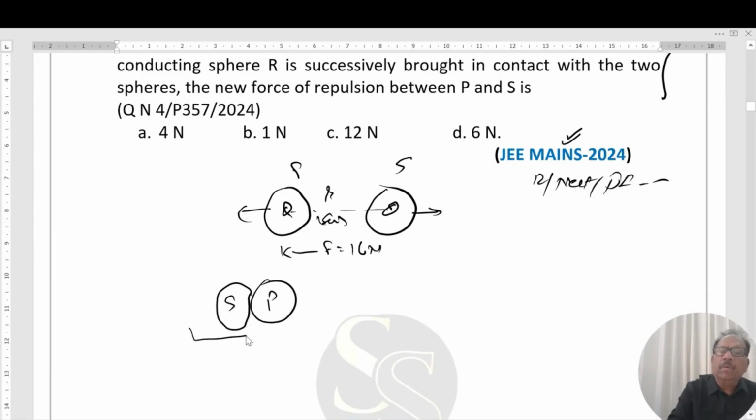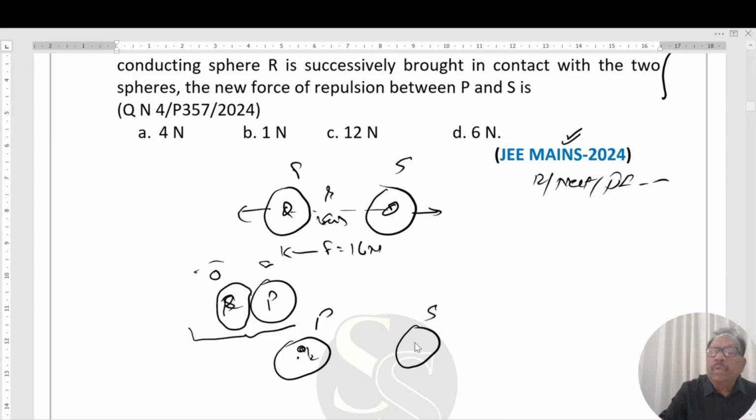So what will happen? This one has 0 charge initially, this one has Q charge, it will be equally distributed. Charge on P will become Q by 2. This is S, this is P, this is R. Now R is brought into contact with this.